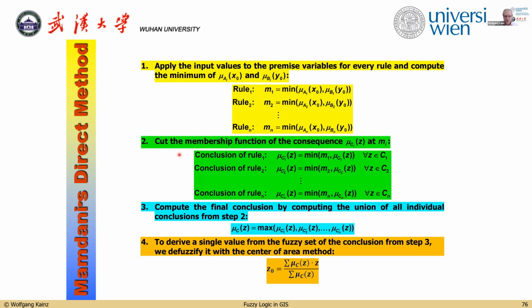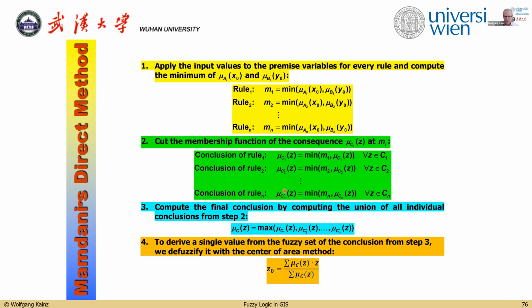So for rule number 1, we have a rule that reads if A and B, then C. For the A and B, we already had the minimum, which is our M1, and we take this M1 and cut the membership function of the conclusion of our rule number 1 at that M1 value, and we do that for every rule.